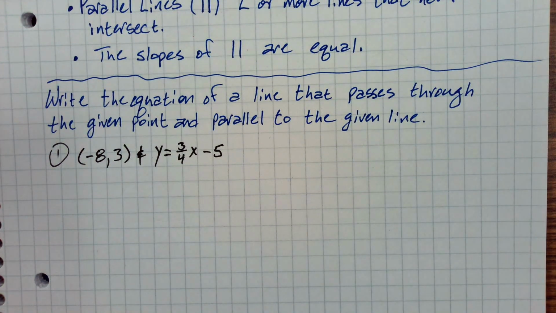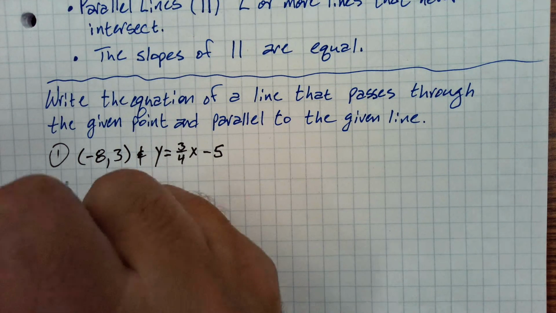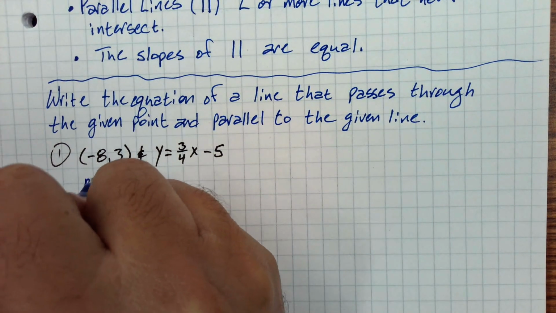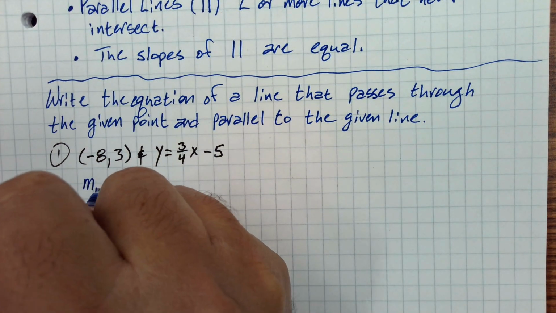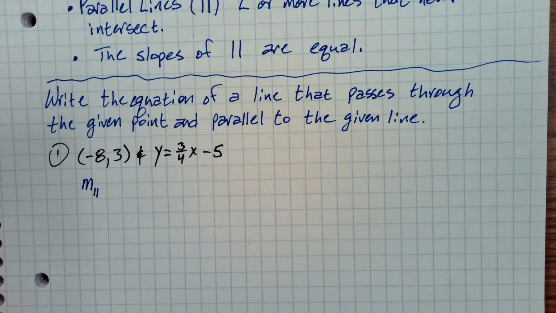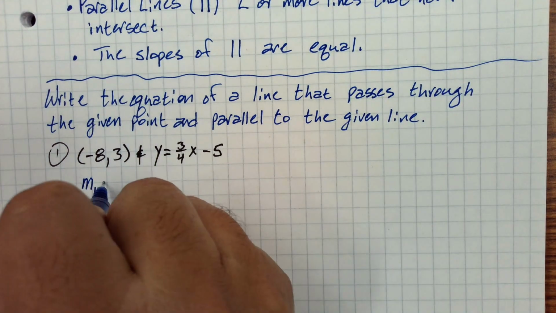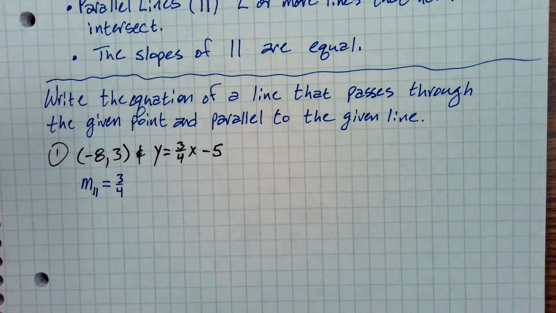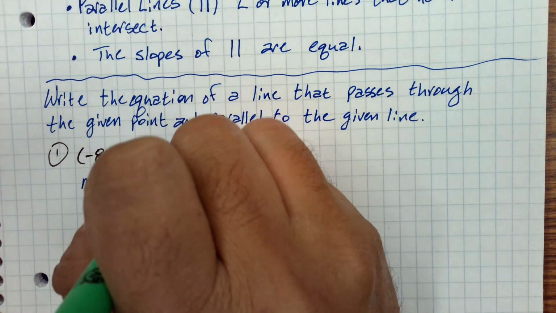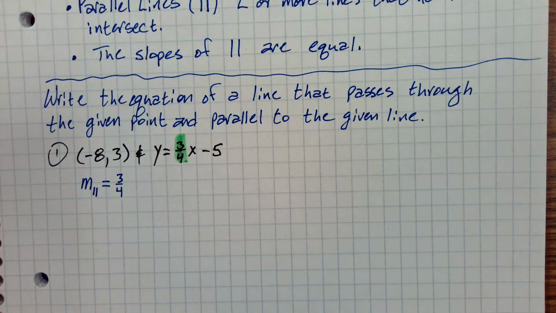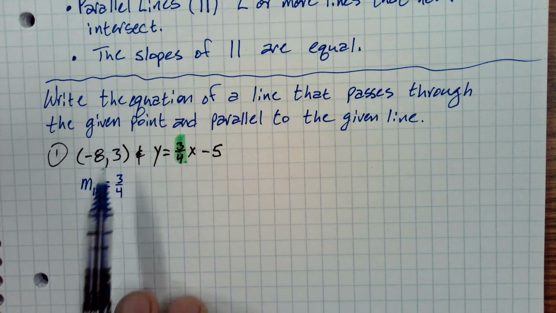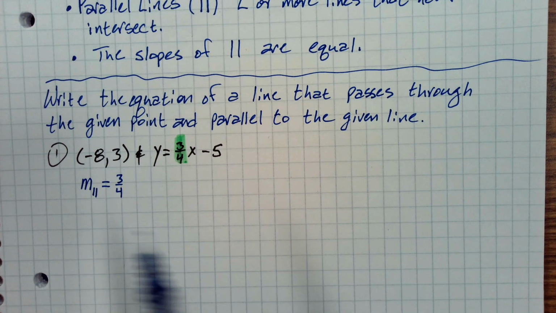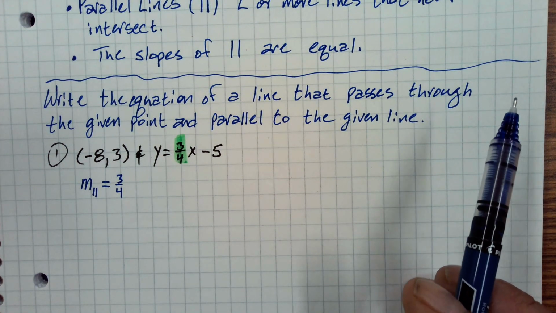So to answer this, we're going to do the following. We need a slope. Usually I like symbols. The slope of the line parallel to my new line has to be 3 over 4. Basically, it has to be identical to this one. It has to be 3/4. And I have to use the coordinates (-8, 3) because it has to go through that.